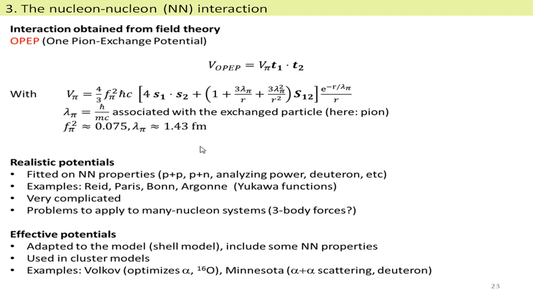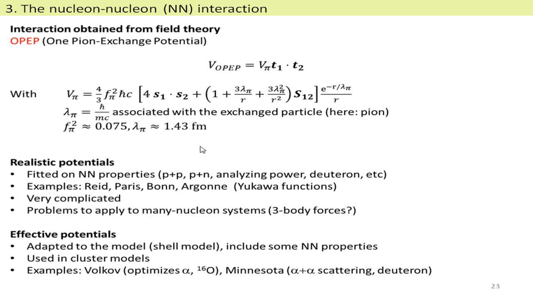And here you have, as I already mentioned before, two variants in the nucleon-nucleon interactions. Either you have realistic potentials, which are fitted on nucleon-nucleon properties, many data on scattering, analyzing powers, and so on. The typical potentials you may have heard about are Reid, Paris, Bonn, Argonne, and in general they are expressed as Yukawa functions or Woods-Saxon functions which are fitted to the data.